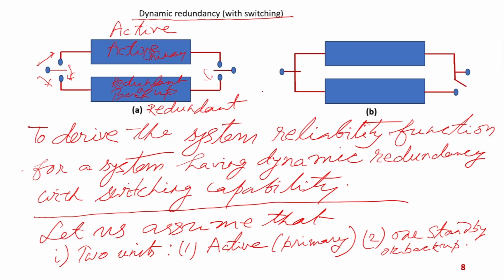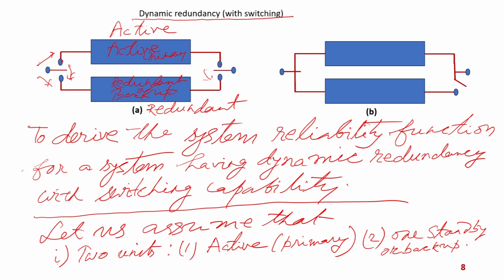Whenever the active one is performing, both the switches will be connected to this port. Whenever there is a failure of the main system, the switch will come down and connect to this port, and similarly the output switch also.